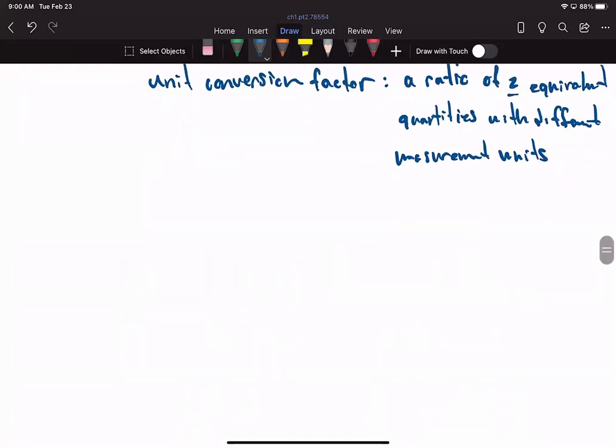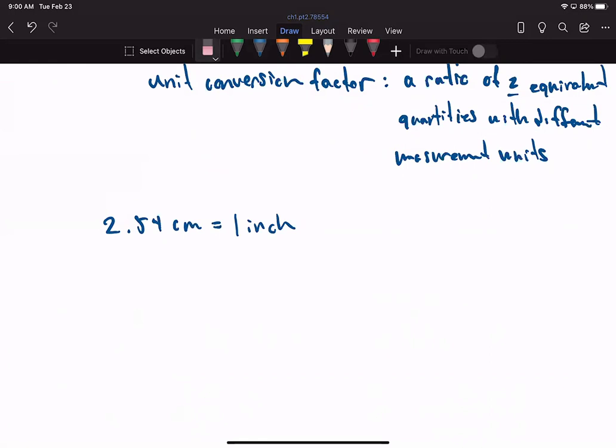So a conversion factor, a ratio of two equivalent units. We can say 2.54 centimeters is equal to 1 inch. These are equivalent quantities, 1 inch, 2.54 centimeters, with different measurement units.